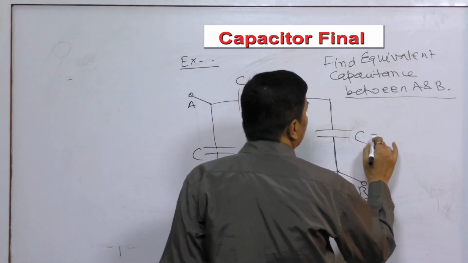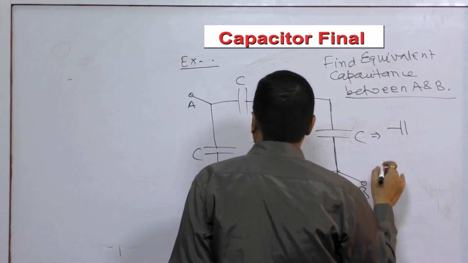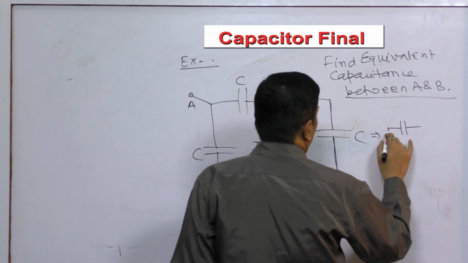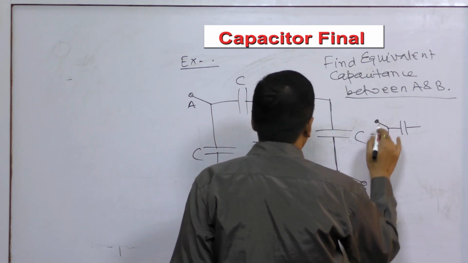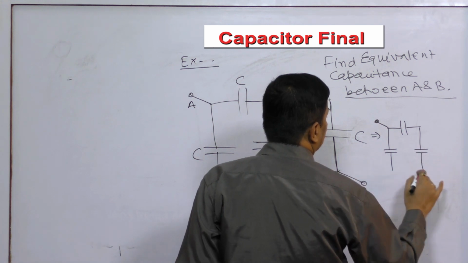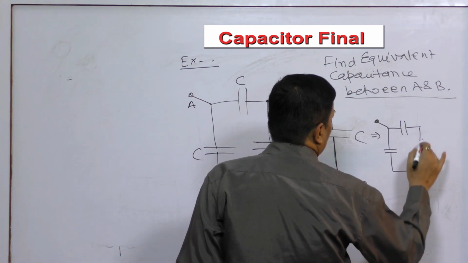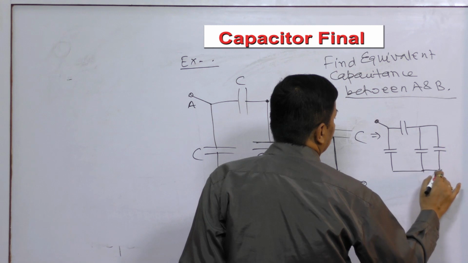So here this point is A, and here you are getting C by 2.